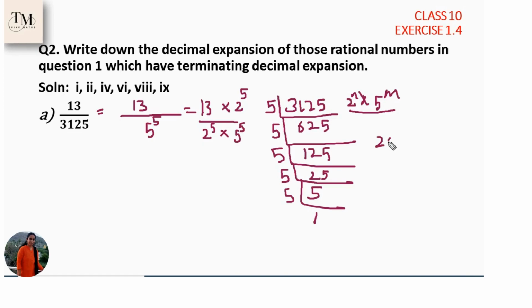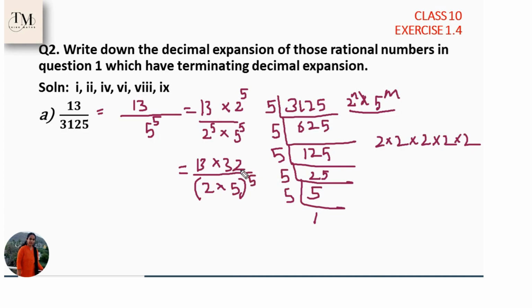That is 2 multiplied by 2 multiplied by 2 multiplied by 2 multiplied by 2. 2 2s are 4, 4 2s are 8, 8 2s are 16, 16 2s are 32. So 13 into 32 divided by, I am going to write this as, 2 into 5 to the power 5.